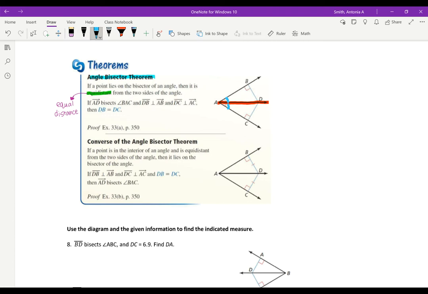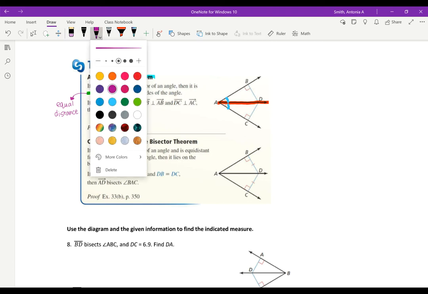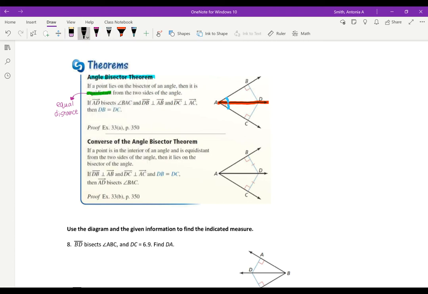Okay, those two angles right there are the same because we have an angle bisector. So this angle and this angle are the same.